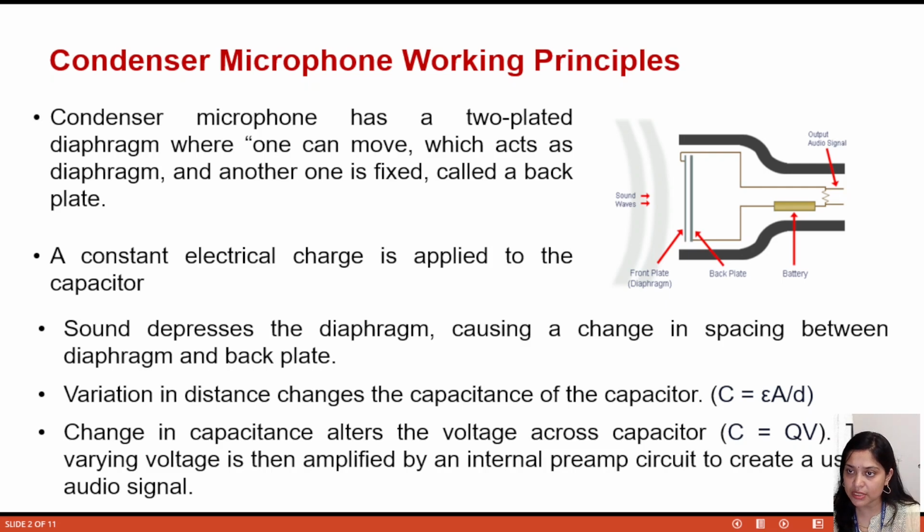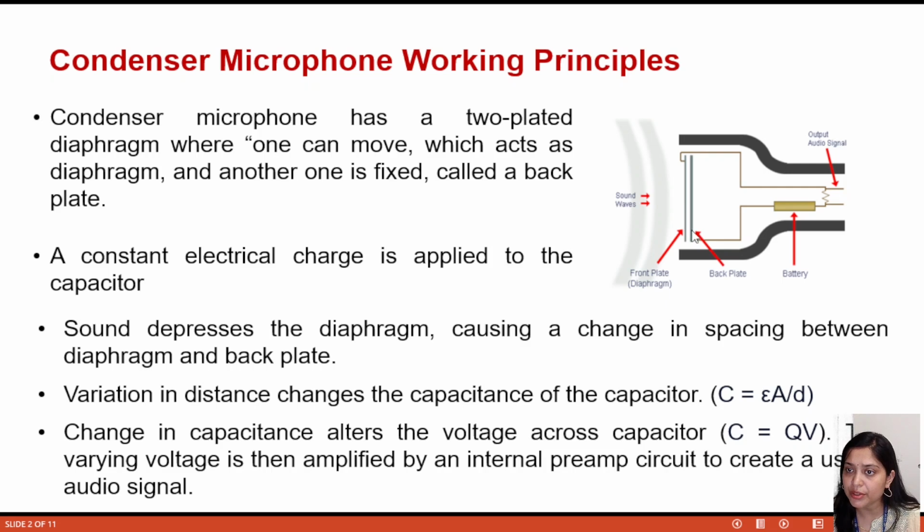I will just repeat. There is a thin front plate, which is the diaphragm, and there is a back plate which is fixed, and between them there is air, and these two plates are connected with a battery. The battery charges these two plates, so one is positively charged and one is negatively charged. When sound waves hit the diaphragm, the front plate, it will vibrate.